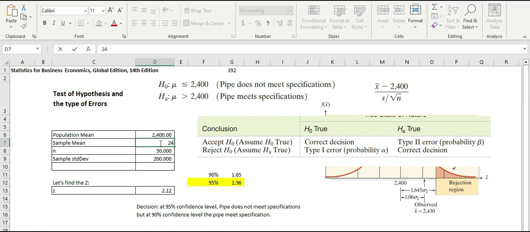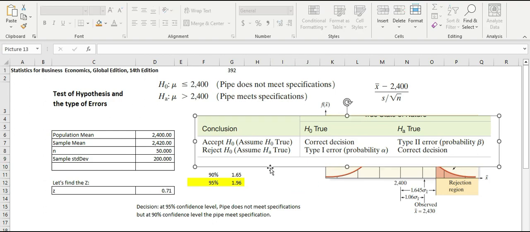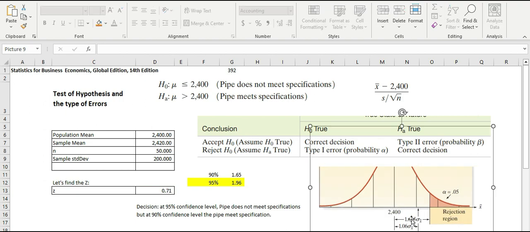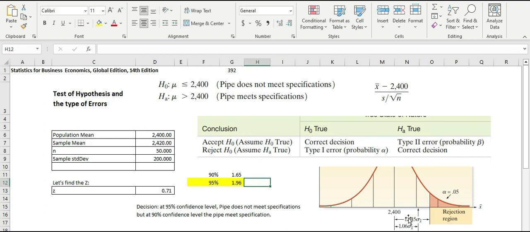Even using 90%, 1.71 is under 1.645 here, so we should accept, but you rejected it. So that's a type 1 error. And if you reject a false null hypothesis, then it's a correct decision.